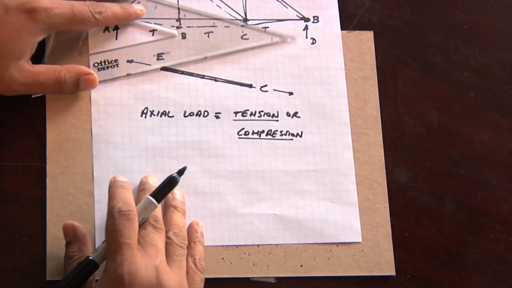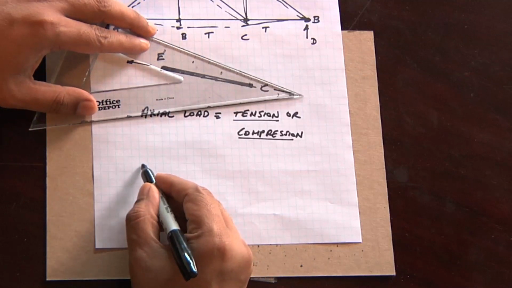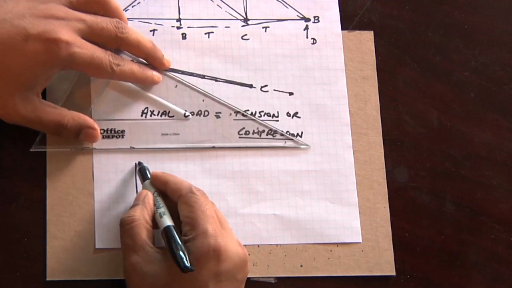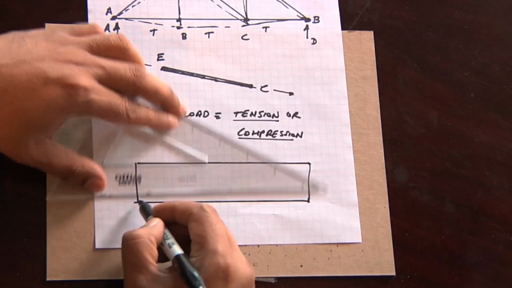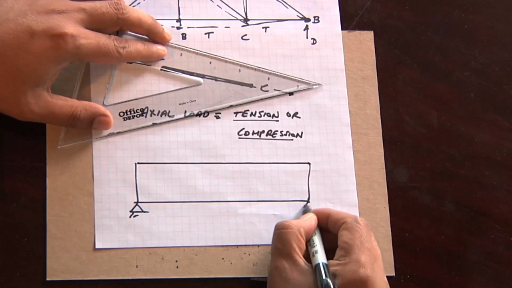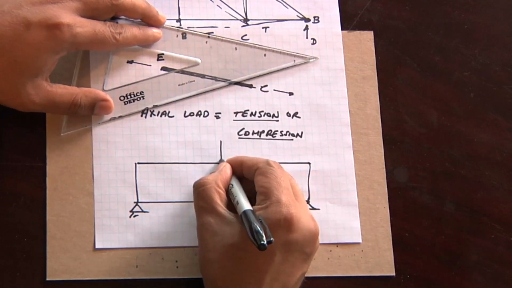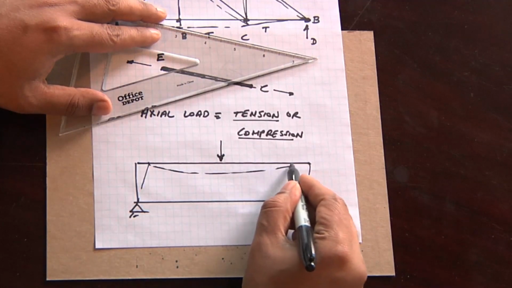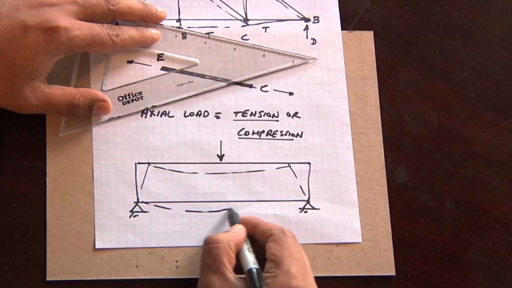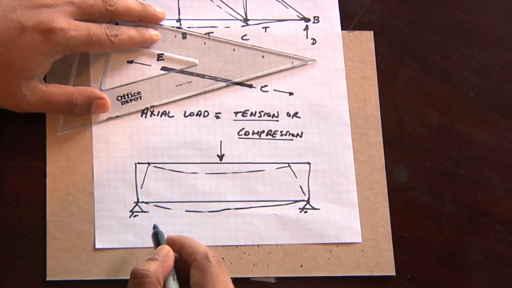A truss behaves similar to a beam. If I was to make this entire thing out of a beam and have it simply supported and apply a load, just like a beam will deflect, a truss does the same thing.